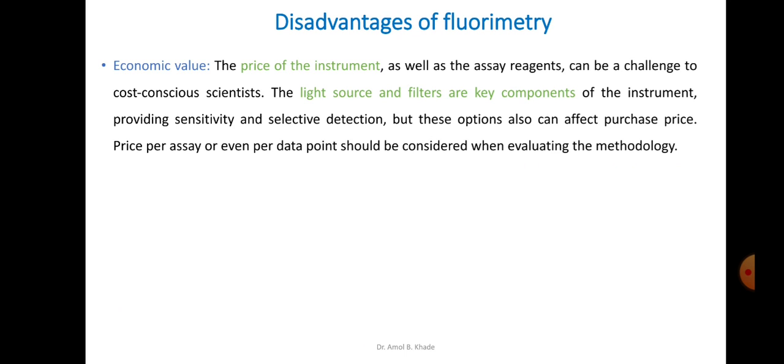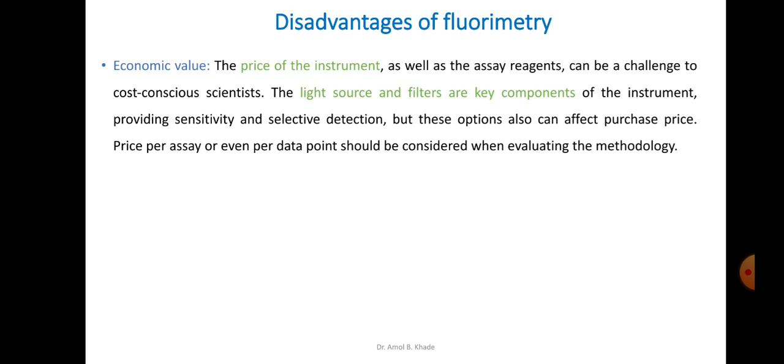So when we talk about the economic value of this particular analytical method, the price of the instrument we need to consider, right? And this is one of the challenges to the analyst, to complete the analysis in a cost effective way. So here the light source is playing an important role. It should emit the radiations of equal intensity, continuous kind of radiation should be emitted, and here the filters are also playing an important role.